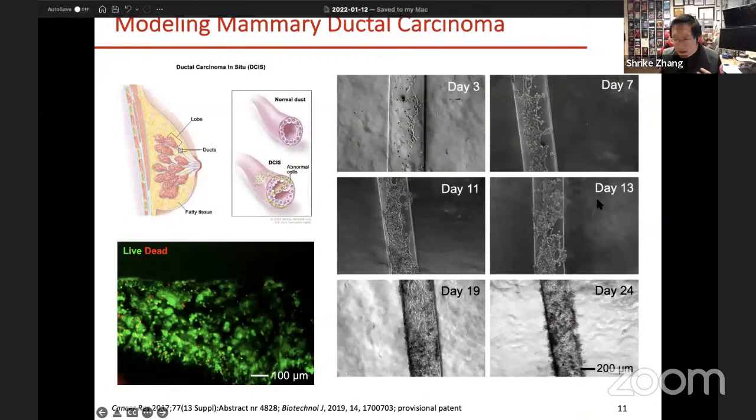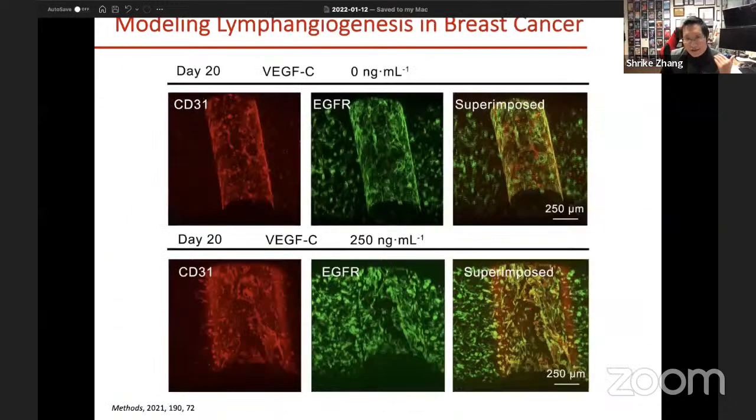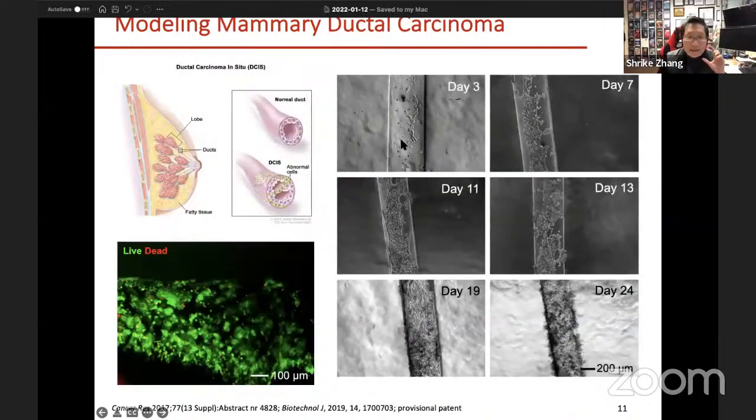So you can do the same things in reverse as well. As I mentioned here, basically what happens is that you had the breast cancer cells in the surrounding matrix, but now you can also create the same sacrificially bioprinted microchannels and then seed these breast cancer cells into the channels to create a model of ductal carcinoma in situ. Basically the breast cancers that originate from the mammary ducts, right?